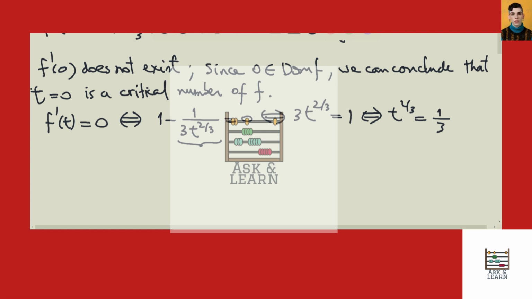So we have this equation here. We can say that this is the same as t squared equal to 1/3 to the third power.